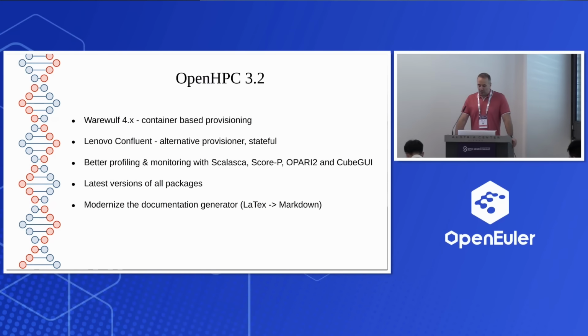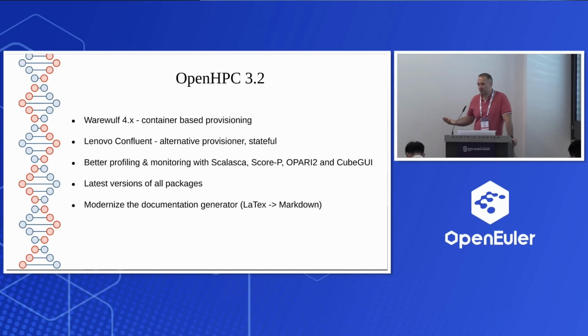What to expect in OpenHPC 3.2? As I mentioned already, Warewulf 4.x. The difference with Warewulf 3 is that it's container-based. That is, you can use any OCI container for the compute nodes operating system. But again, it should be based on the supported operating systems, that is Red Hat, OpenSUSE, and openEuler.